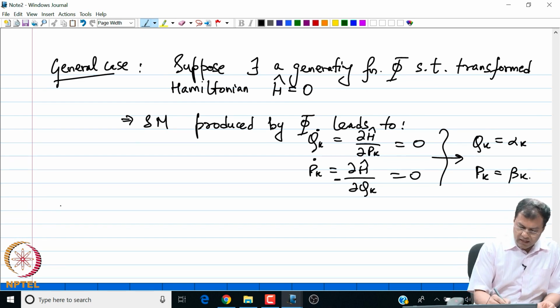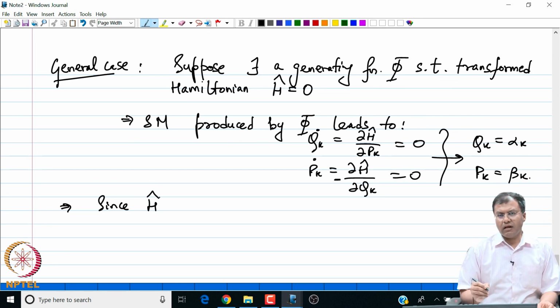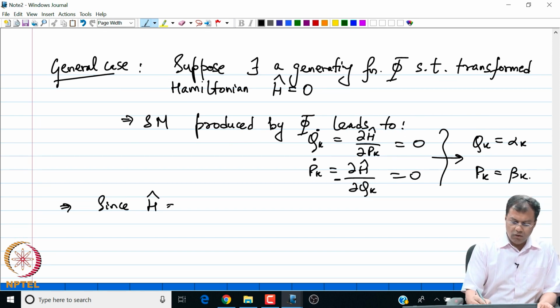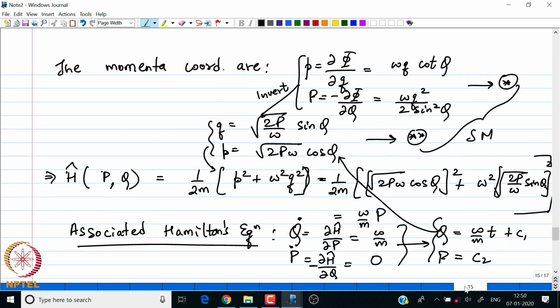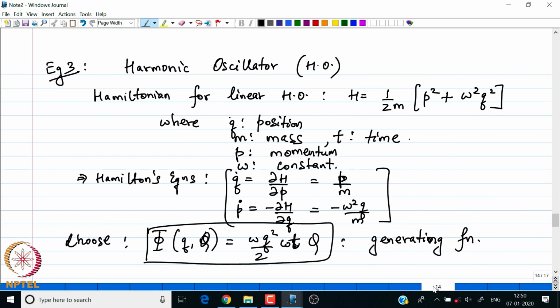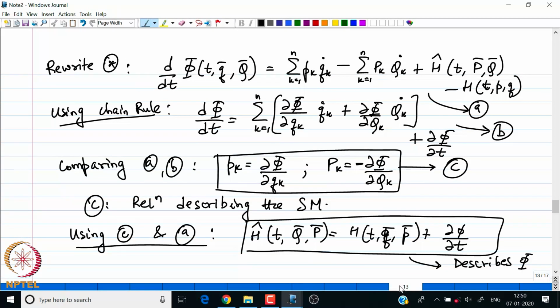Since the Hamiltonian in this transformed phase plane is 0, let us go back a few slides to the equation I am referring to. Notice this particular equation that I had written to describe phi.